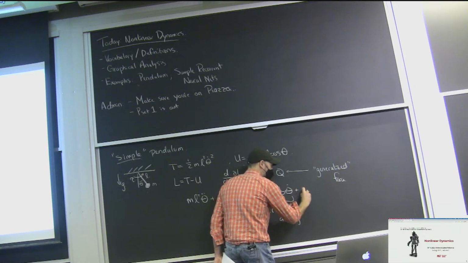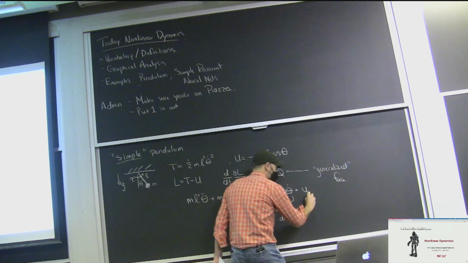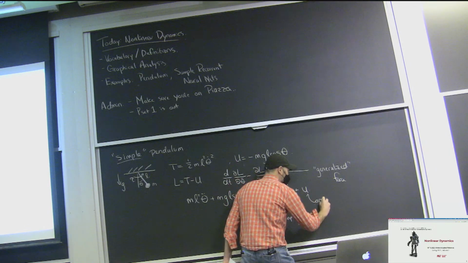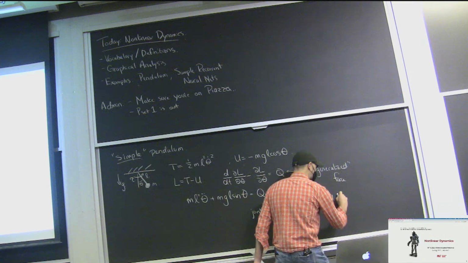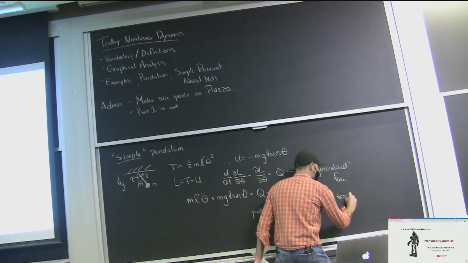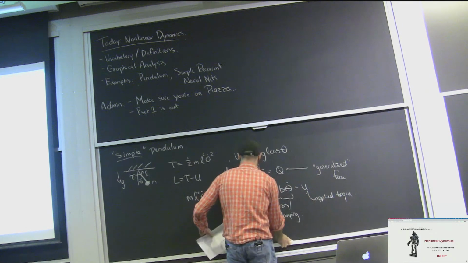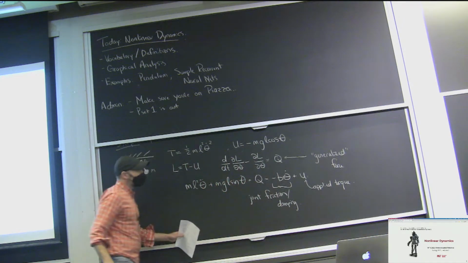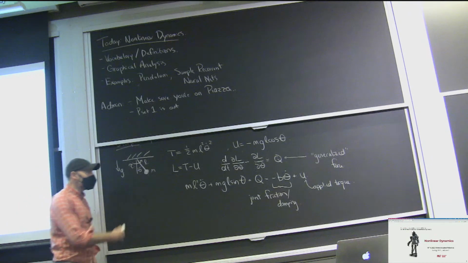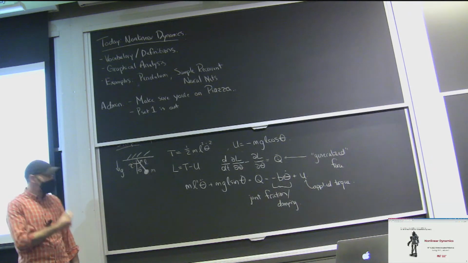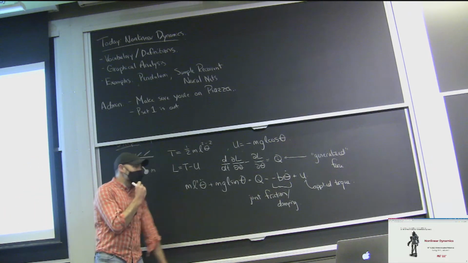Plus my applied control input. Let's say I'll call it U here for consistency with what I've written before. And you should see this as just a very simple scalar version.